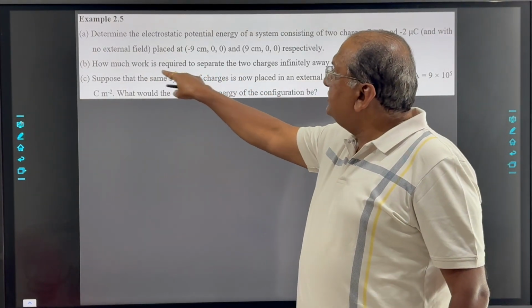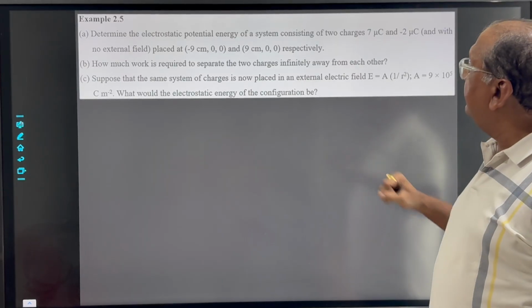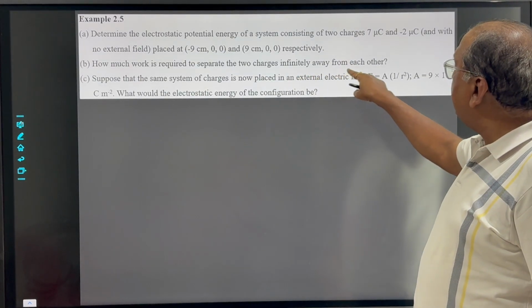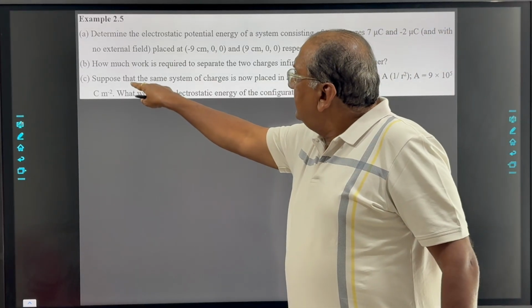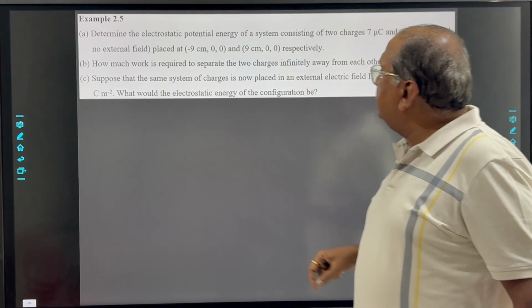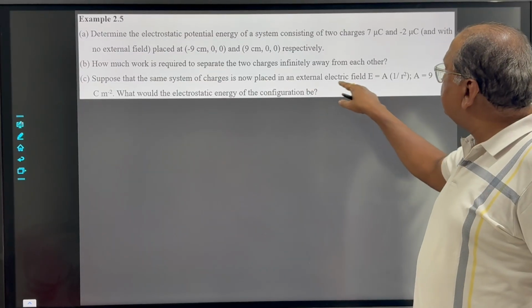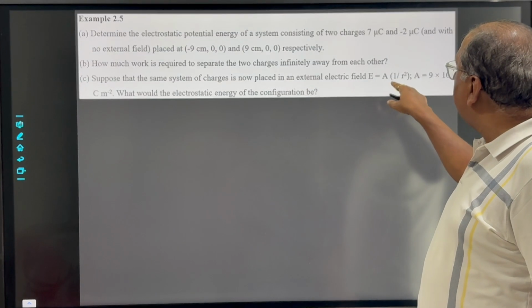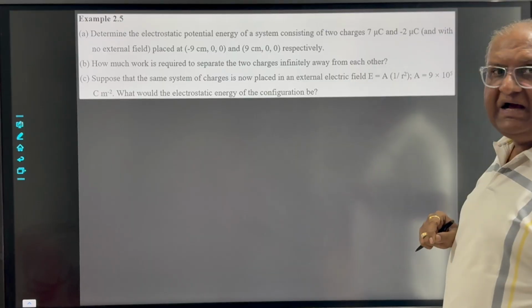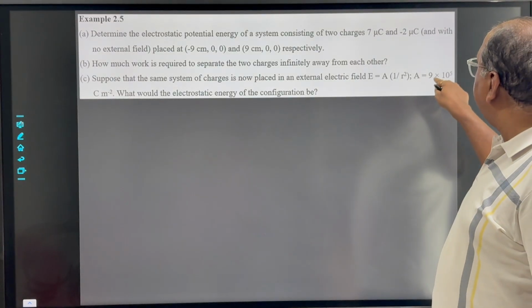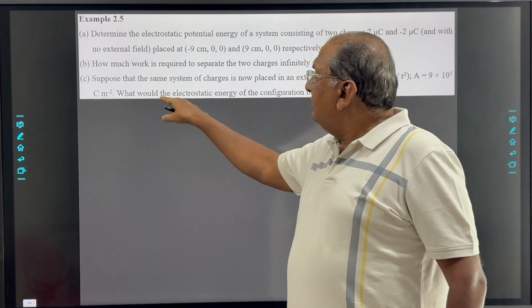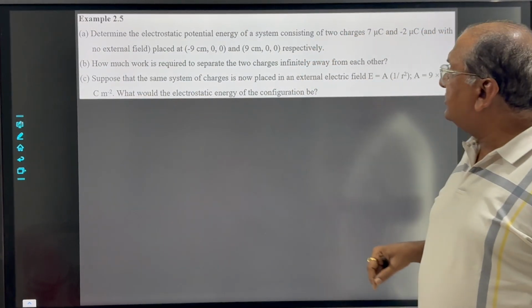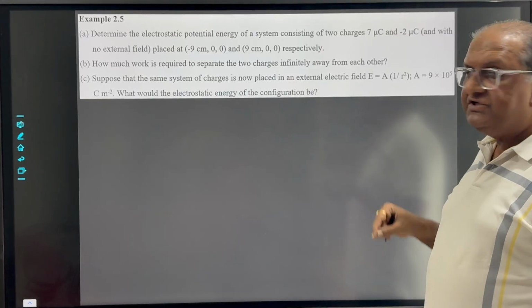B. How much work is required to separate the two charges infinitely away from each other? C. Suppose that the system of charges is now placed in an external field E equal to A upon r squared, where A is 9 into 10 raised to 5 coulomb per meter square. What would be the electrostatic energy of the configuration?